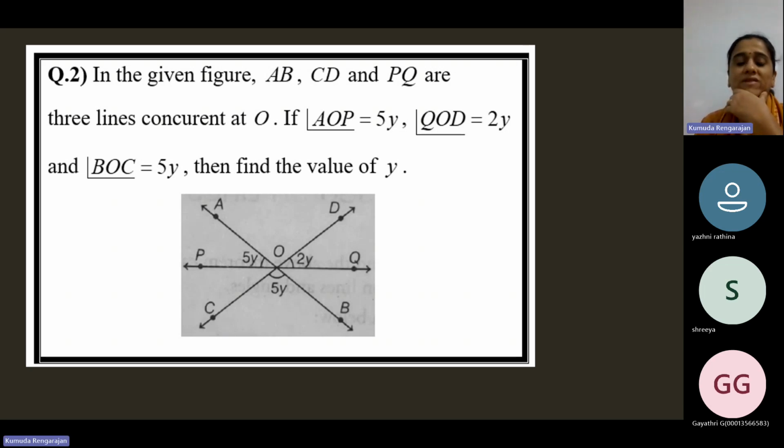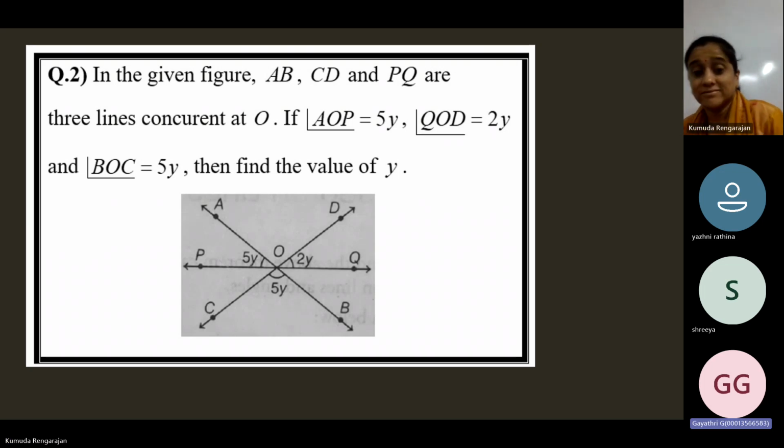So can anyone tell me the value of y? It's a very simple mind work. What's the value of y?